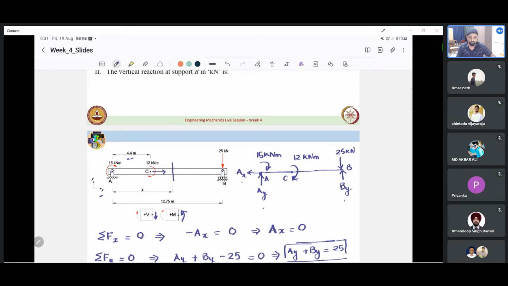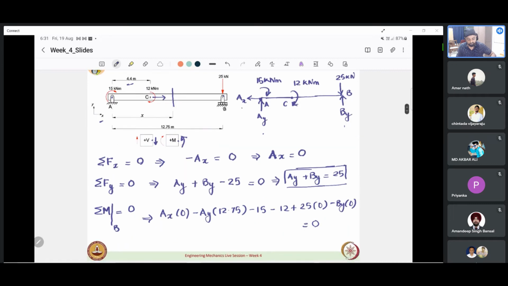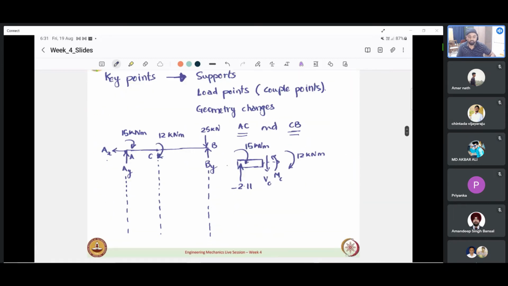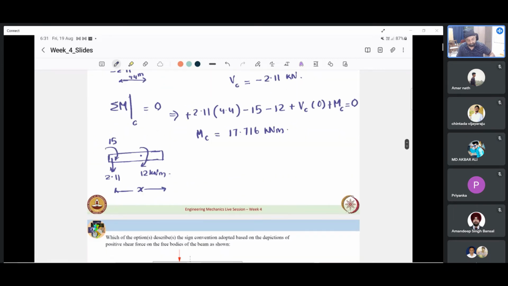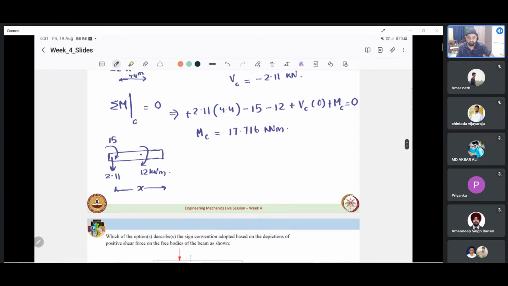So no other forces applied over there, except we just need to account for the shear force and bending moment at that section. By similar logic, we can see that this is also a positive surface. So according to our sign convention, our shear will be pointing downwards, positive shear, and then our moment will be like this. Now we just have to calculate the moment at that section X.